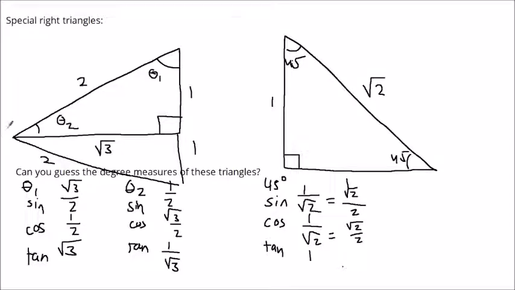Equilateral triangles means that this is 60, so theta 1 is 60, which makes theta 2 automatically 180 minus 60 minus 90, which is 30 degrees. So this is 30 and this is 60, and this is 45. So theta 1 is 60. I'm gonna write over it 60 degrees, and this is 30 degrees.